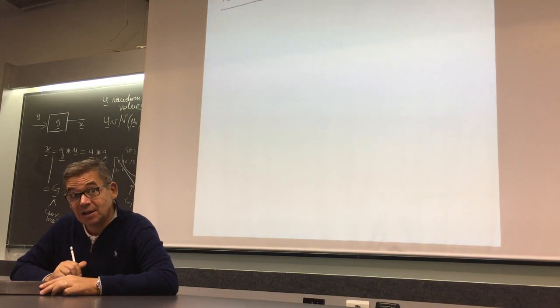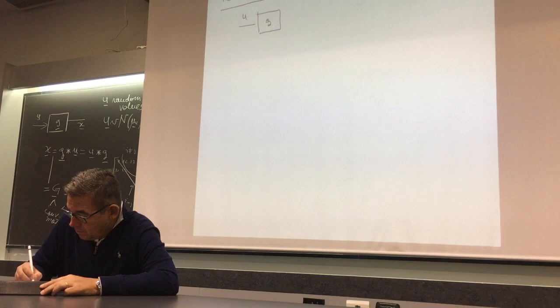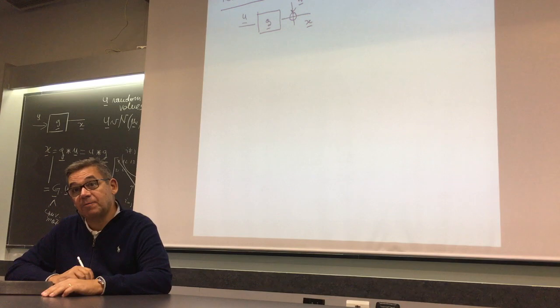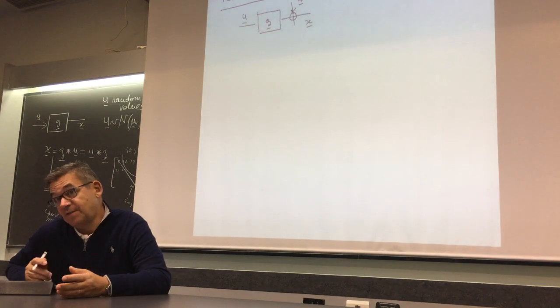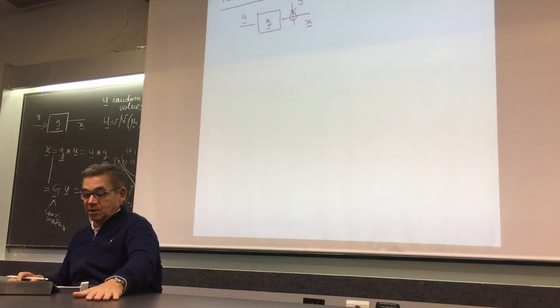Consider the case where, for instance, I have a U which is filtered by G, and my X has superimposed a noise W. So this is the filtering with noise. W is another random process.